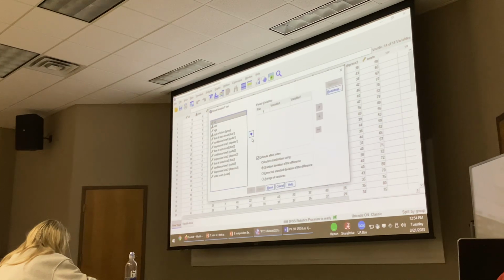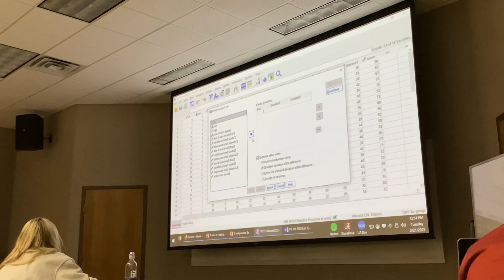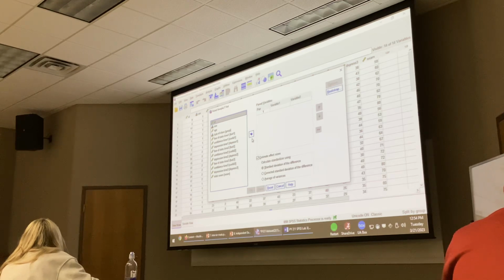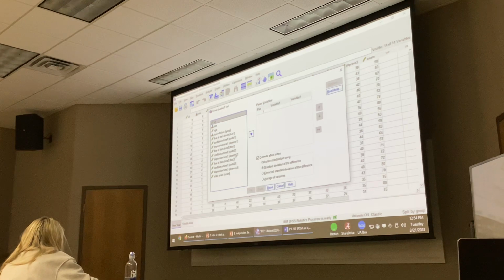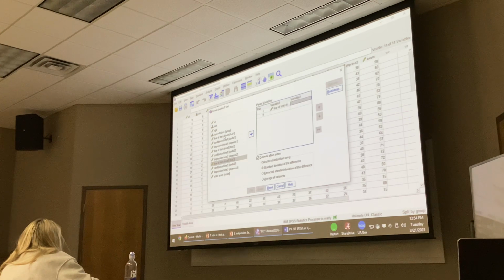When you're doing something with time 1, time 3, should you do time 1 minus time 3, before minus after, or after minus before? You all calculate different scores for dependent samples t-test, after minus before, or before minus after? After minus before. So that logic holds. So we're going to put time 3 fear of statistics in first. Then time 1 fear of statistics.